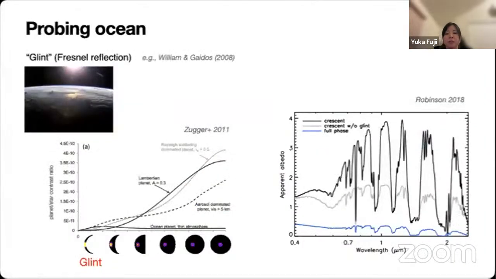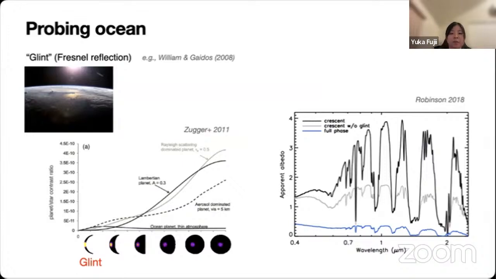So coming back to the Earth, what are the other observable characteristics? The presence of ocean is, of course, of particular importance. So aside from the color of planets, another possibility that has been proposed is the specular reflection of water.